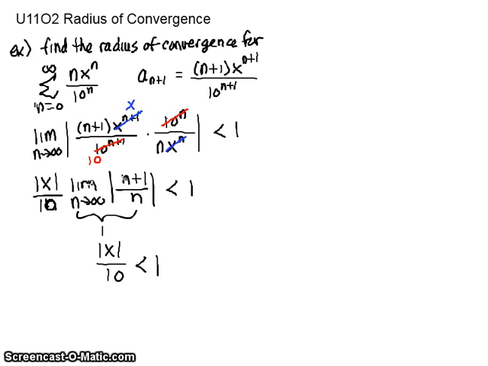So if we solve, we're going to get the absolute value of x is less than 10. If you remember anything about solving absolute value inequalities, this is equivalent to negative 10 is less than x is less than 10. So that is going to give us our interval of convergence.